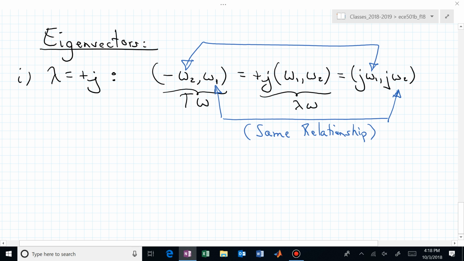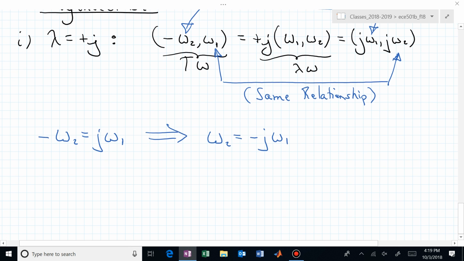So let's look at the first one and say that that's now minus w2 is equal to j w1, or w2 is now equal to minus j w1. And now we have a relationship between w1 and w2.